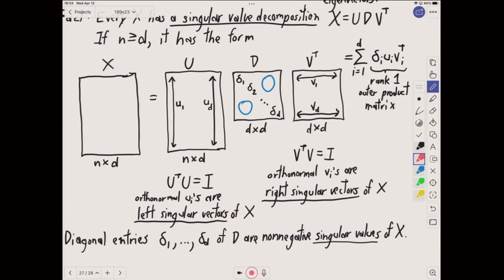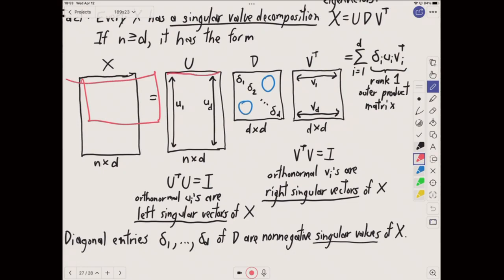However, if you have a situation where the design matrix X is actually wider than it is tall, let's imagine it's this size, like turn X sideways.